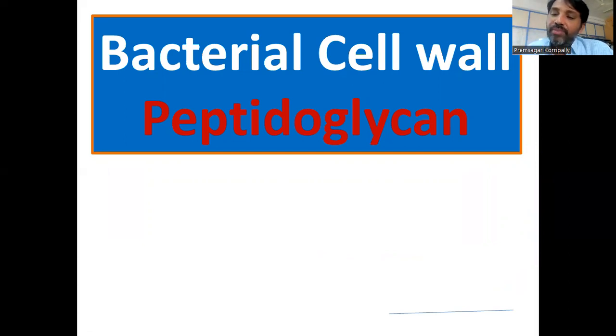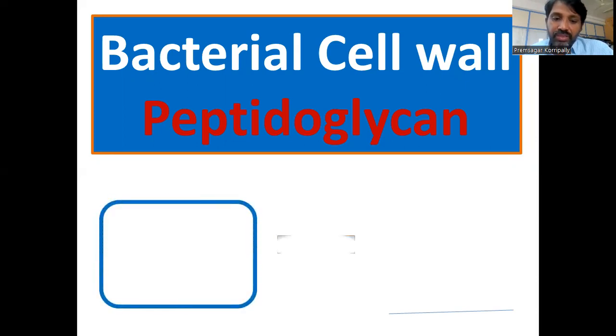Then that is gram positive. Whereas bacteria which have a thin cell wall cannot retain the primary color after decolorization, and can then be colored with the counter stain. That is called gram negative.